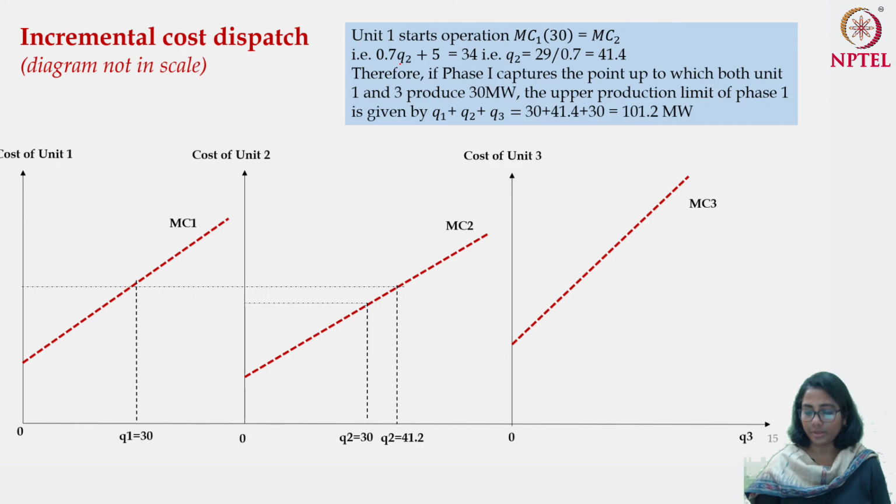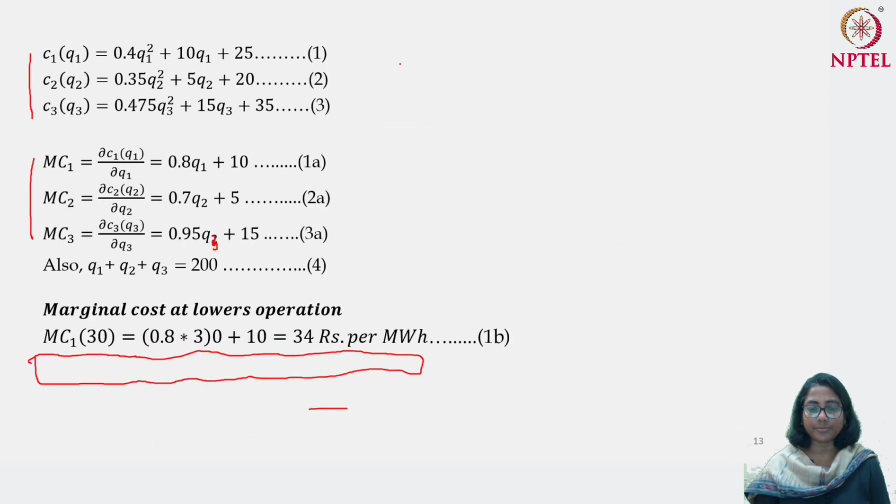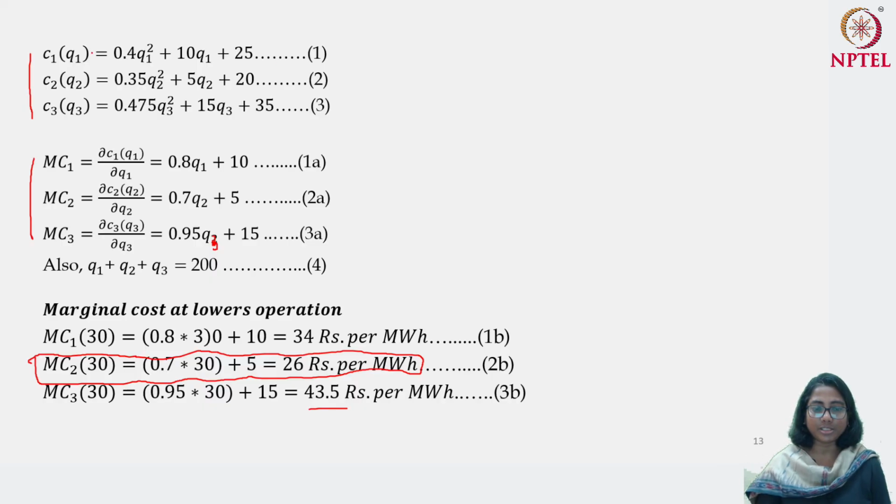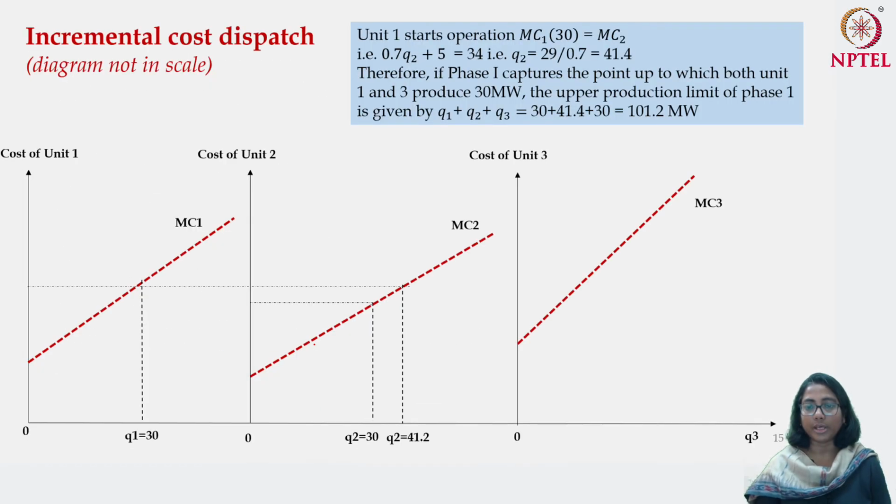So we are equating, if I can just take you back here, MC1 at 30 quickly. So you see, this is your MC1 at 30, which is 34, and MC2 is 0.7 Q2 plus 5. So I am equating 0.7 Q2 plus 5 with 34.